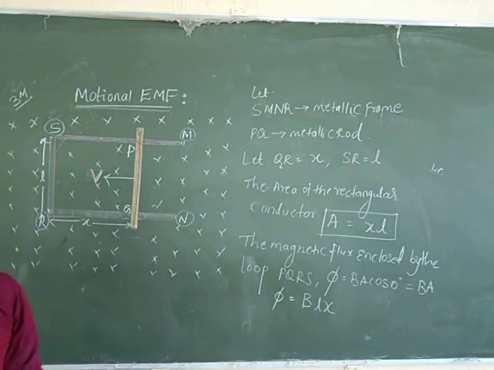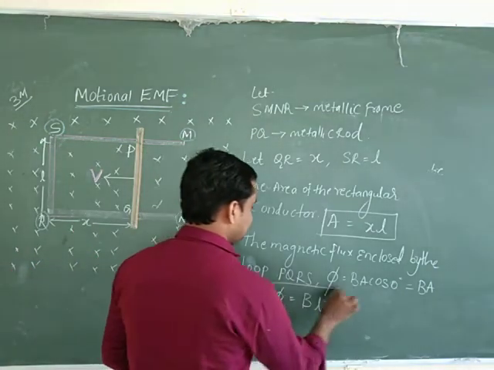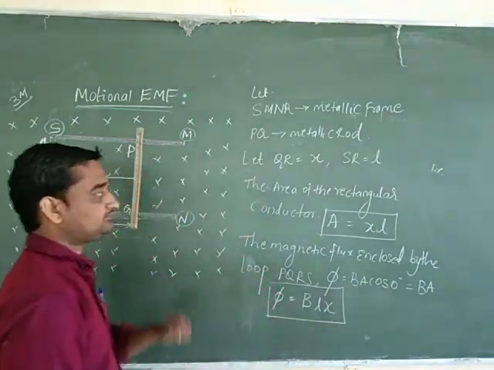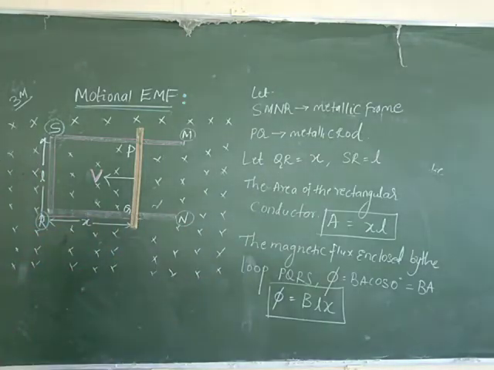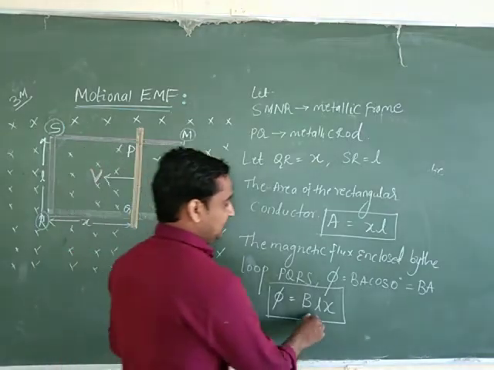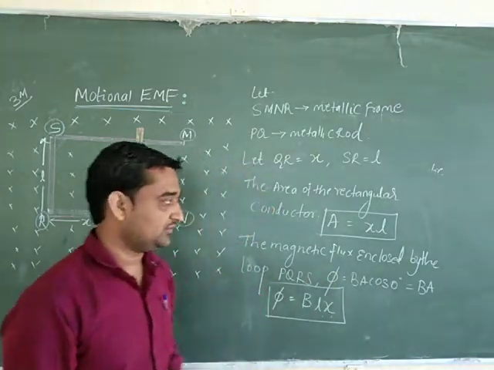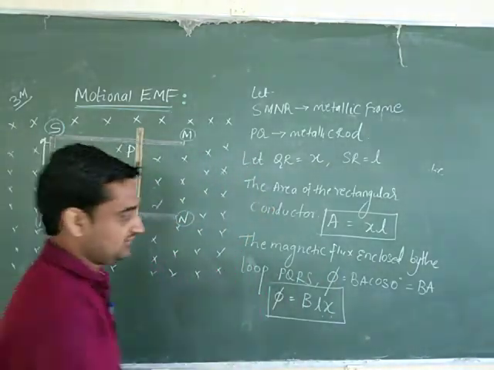This is the magnetic flux linked with the loop PQRS. Call this equation 1.